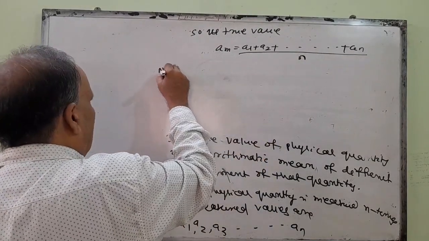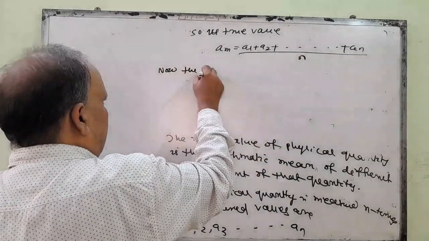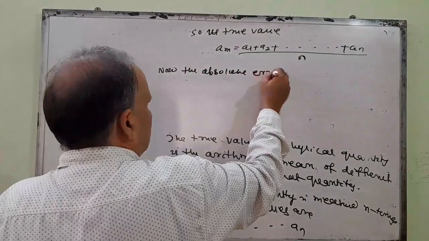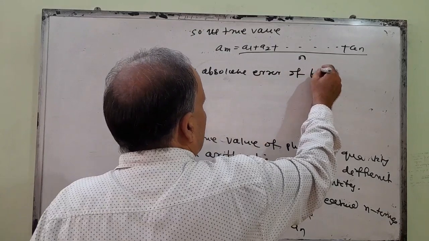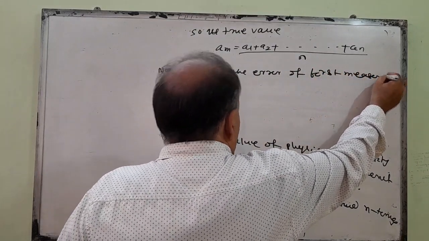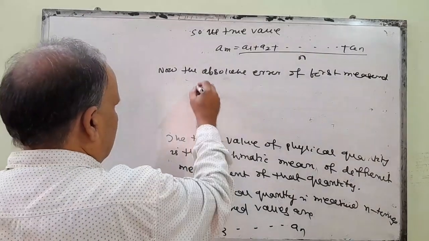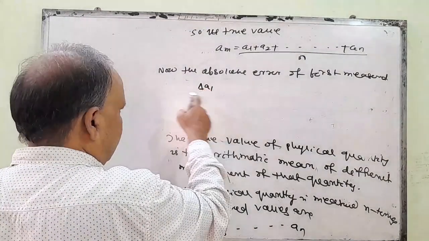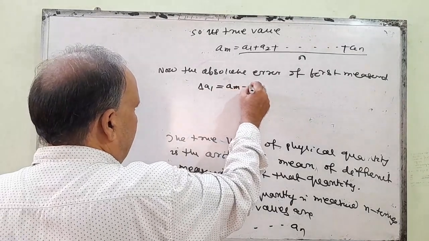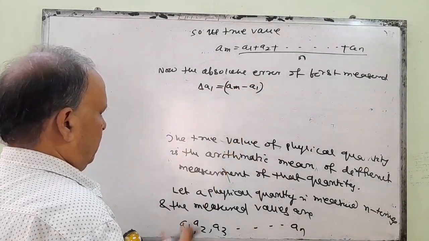Now, the absolute error of a first measurement, your first measurement is A1, that is delta A1. You write it as, remember, delta A1 is equal to Am minus A1.